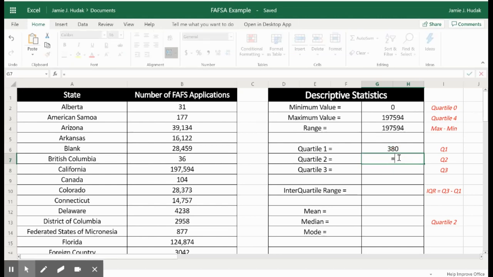Quartile 2 equals quartile, parenthesis, choose our data, comma, number 2. This is the same as our median. The median is 9,747. This means that 50% of our states had 9,747 applications for FAFSA or less.